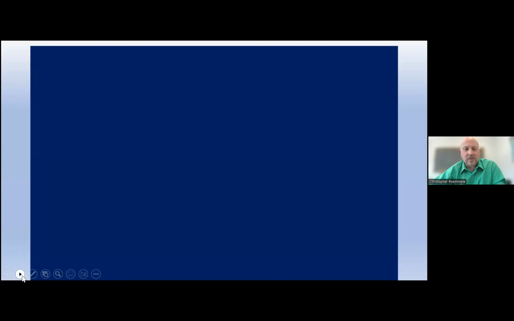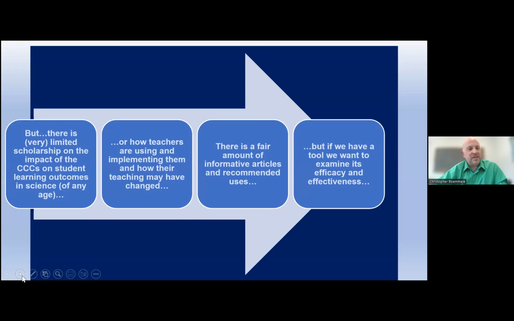Well, that's all great and good, but there is actually very limited scholarship on the impact of the cross-cutting concepts on student learning outcomes in science, and that goes to any age, all the way down to our youngest learners, our pre-K and K first graders, or how teachers are actually using and implementing them, and how their teaching may have changed.